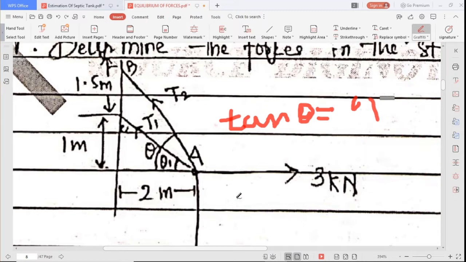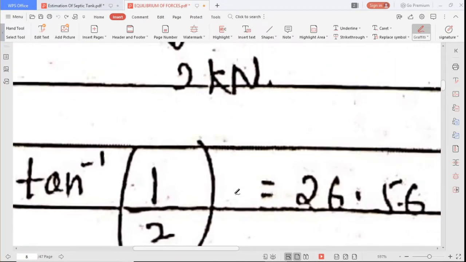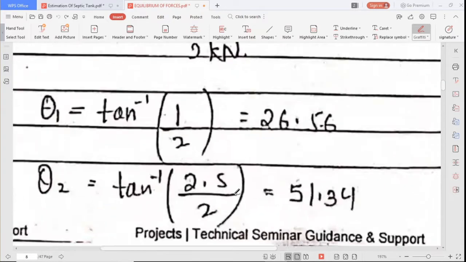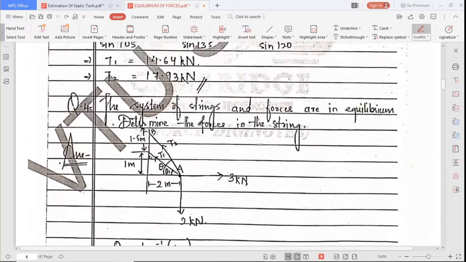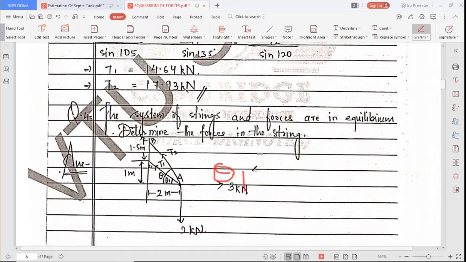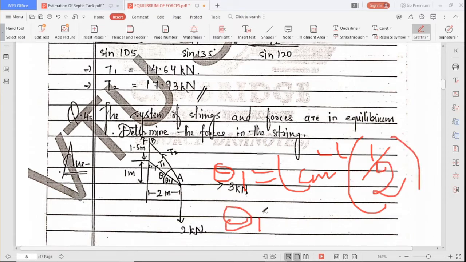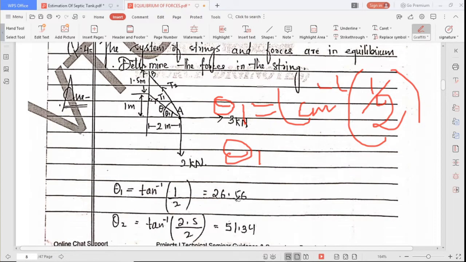So theta is equal to, see here, theta 1 is equal to tan inverse of opposite by adjacent, 1 divided by 2. So we'll get the theta 1 value, that is 26.56.